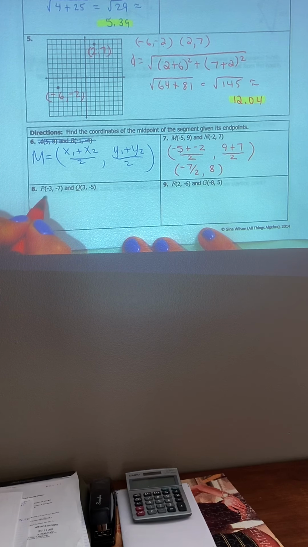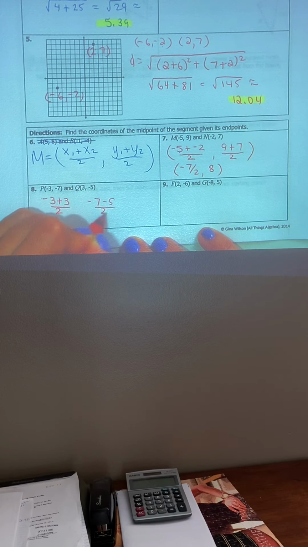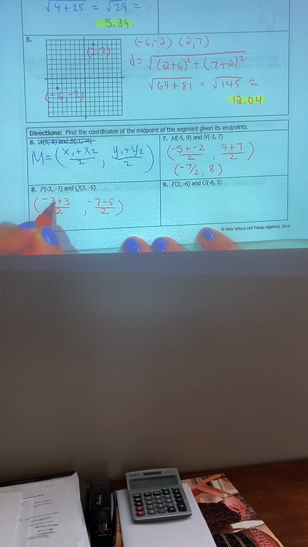Next here, -3 plus 3 over 2, -7 minus 5 over 2. That's 0 over 2 is 0, -12 over 2 is -6.